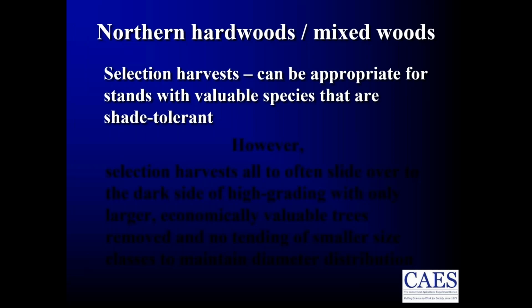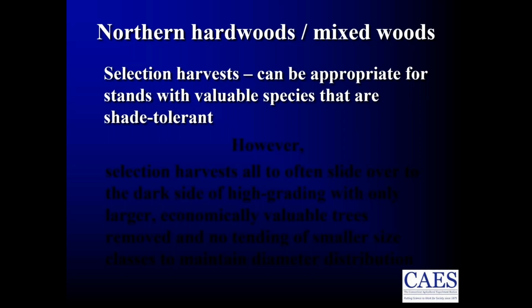So how can this happen? Well, one thing is people talk about selection harvest, and as foresters, we know what a selection harvest is. But sometimes people who are logging or have to make payments will go up to the landowners and say, we're going to do a selection harvest where we're just going to be cutting those largest trees and we're going to let the next generation grow in.